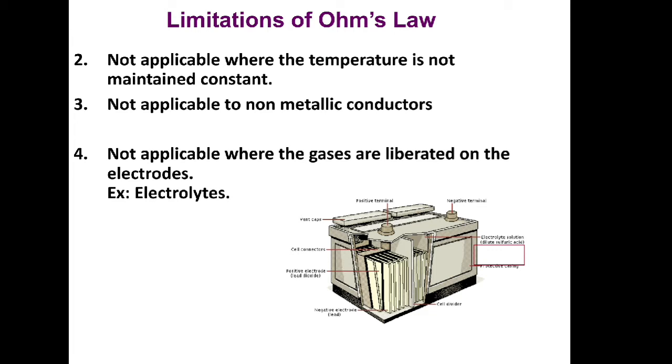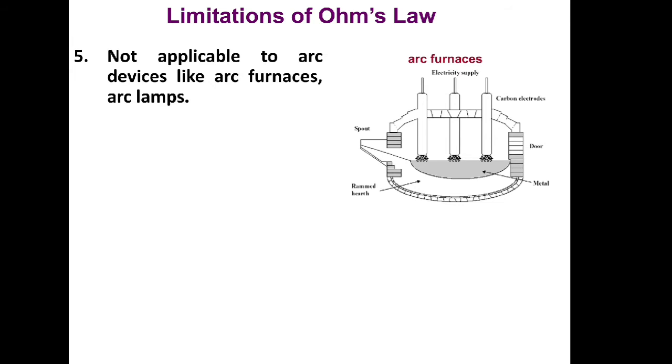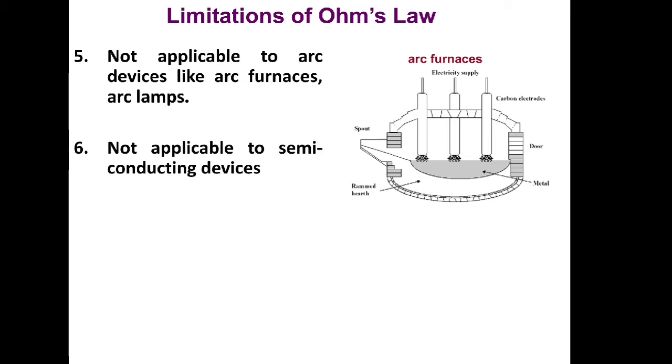As an example, consider a battery where the two electrodes are exposed to gases produced by the lead acid, so here it is not applicable. It is also not applicable to arc devices like arc furnaces and arc lamps.